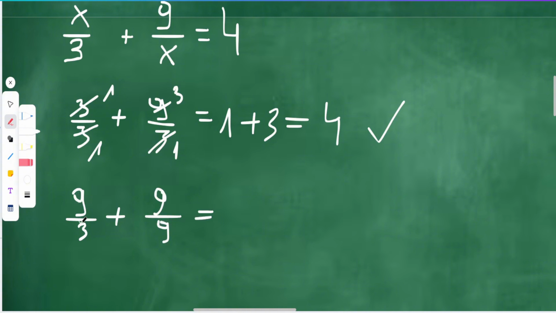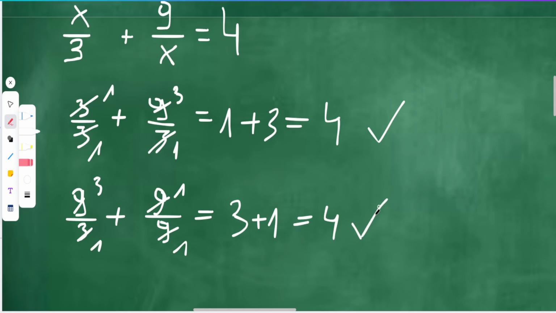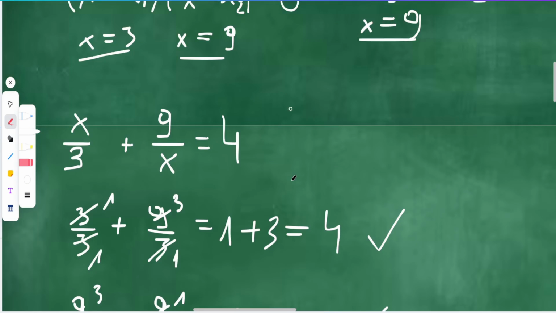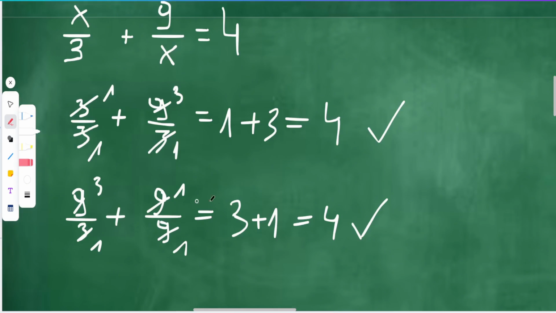Let's reduce this time here by 3, and here by 9. This time we have 3 plus 1, which is also 4. And that proves that we were right. So we have correctly solved the task. We have a check.